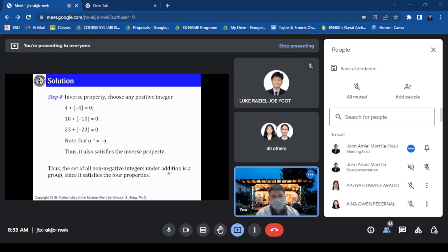So, inverse property, choose any positive integer. So, 4 plus negative 4 equals to 0, 10 plus negative 10, 23 plus negative 23 equals to 0. Okay, so nakalagay dyan note, A raised to negative 1, any number na raised to negative 1 will become negative.